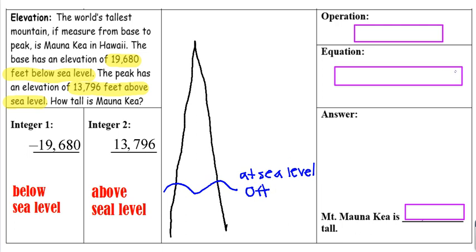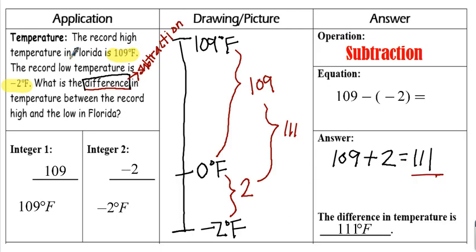Since we know that the bottom is negative 19,680 feet, we're going to label that here. And the peak, the top, is 13,796 feet. So, very similar to the thermometer, which you did in the first video lesson here.